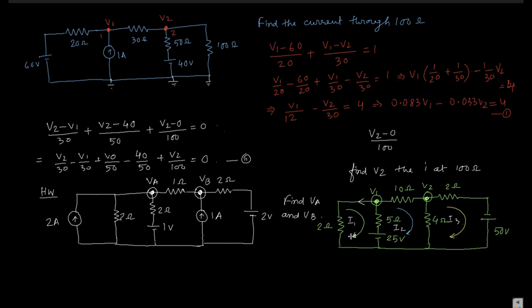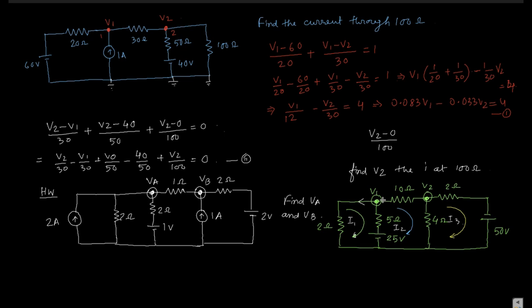Like this you can solve this one also. Depending upon V1 and V2, which one is greater, you find V1 and V2. If V2 is more than V1, then the current will flow from here to here.